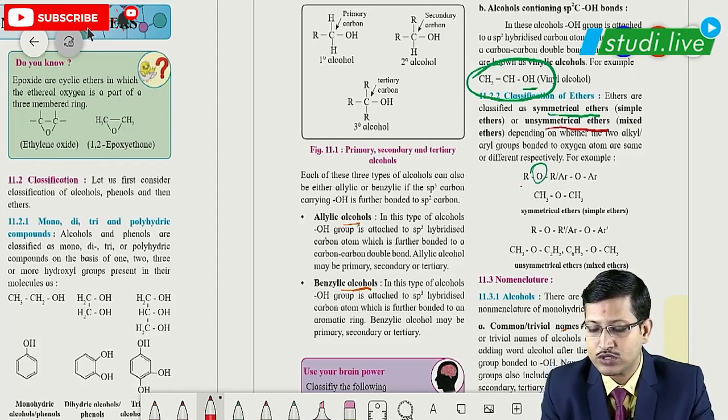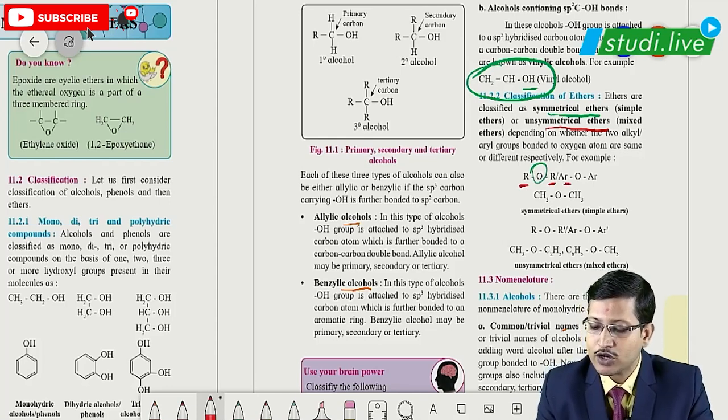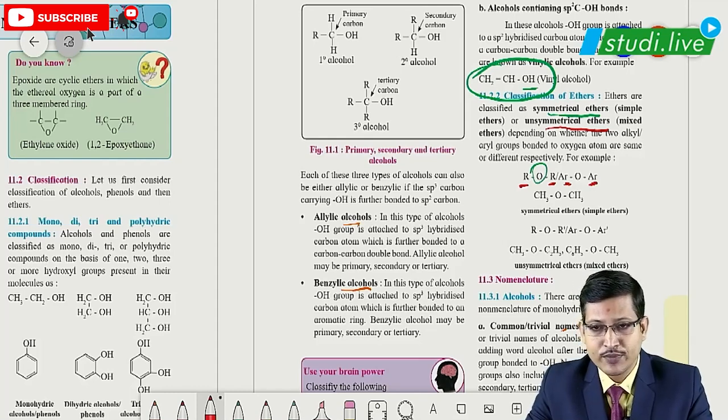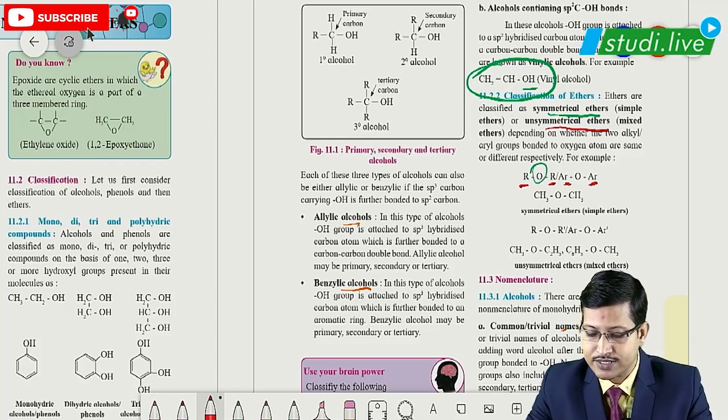Now here both the R groups are the same, or both the Ar groups, that is aromatic groups, are the same. So if both R groups, that is alkyl groups, or aromatic groups are the same, they are called symmetrical ethers, or you can also term them simple ethers.